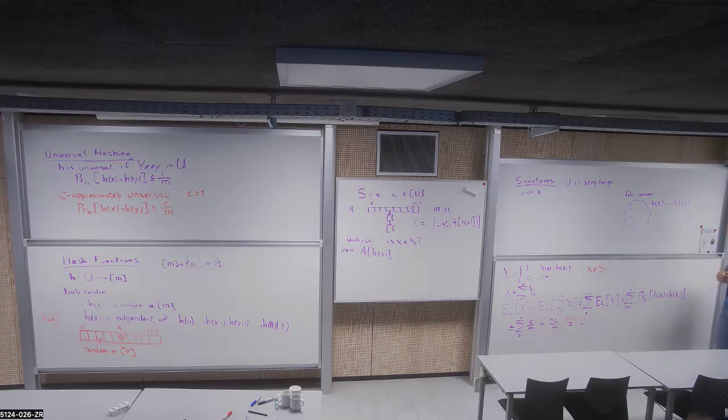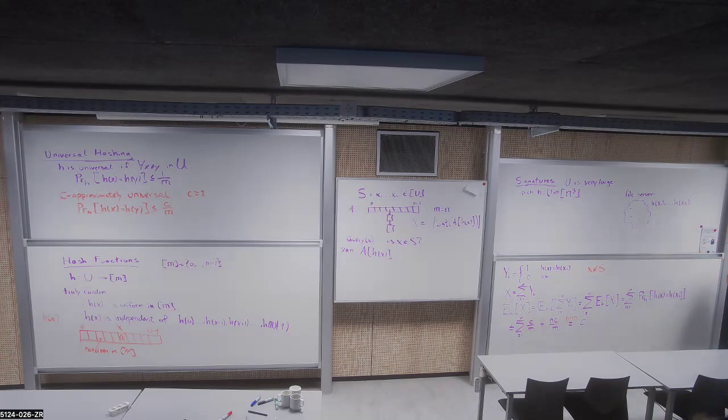These are just some keys, and this is from U to some output domain. And let's say here, for concreteness, that we're hashing to an output domain of, say, size n cubed. So what we're storing here are all these hash values.